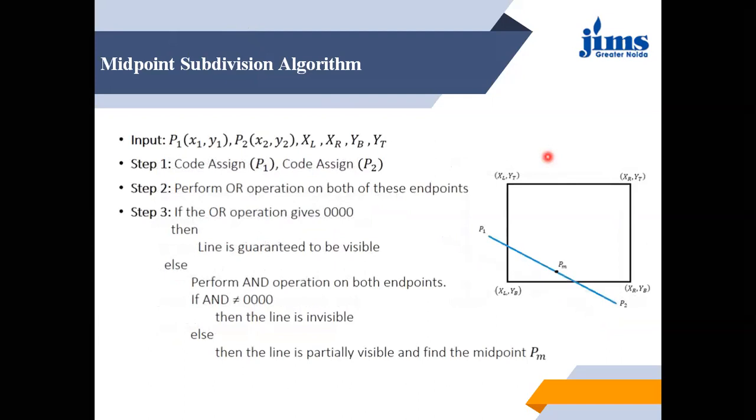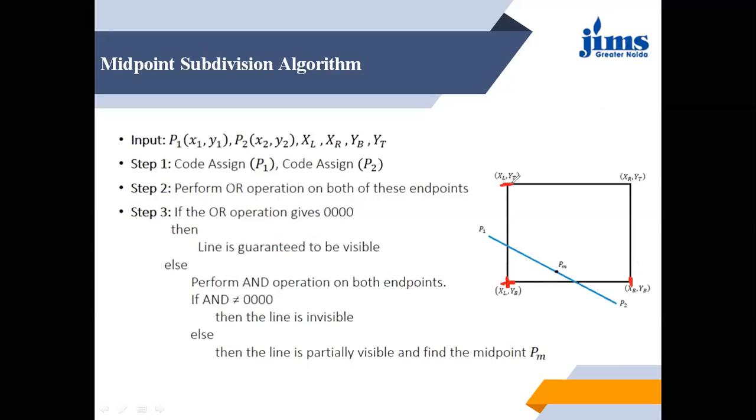Now let us try to understand the algorithm. In midpoint subdivision, there are four things we have to be given. We are given the value of xl, the x coordinate of the left side, the value of x coordinate on the right hand side, the value of y coordinate that is below, and the value of y coordinate that is above.